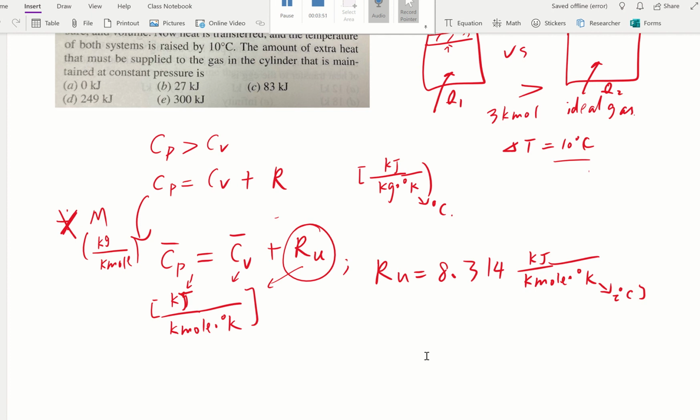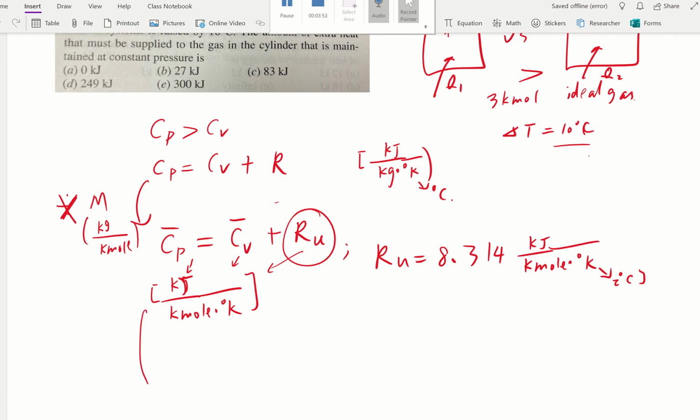If we multiply by the same amount of kilomoles and the same number of degrees Celsius or Kelvin, that gives us how many extra kilojoules.